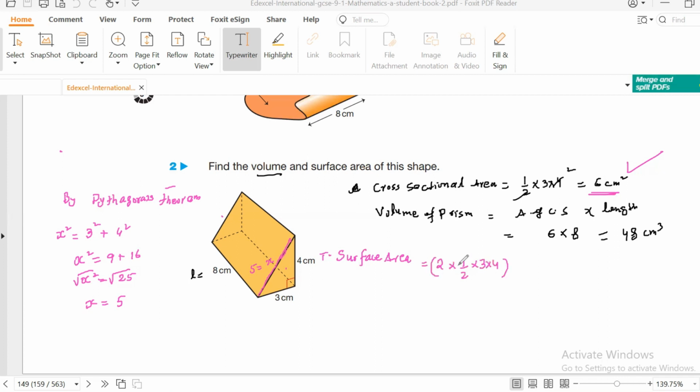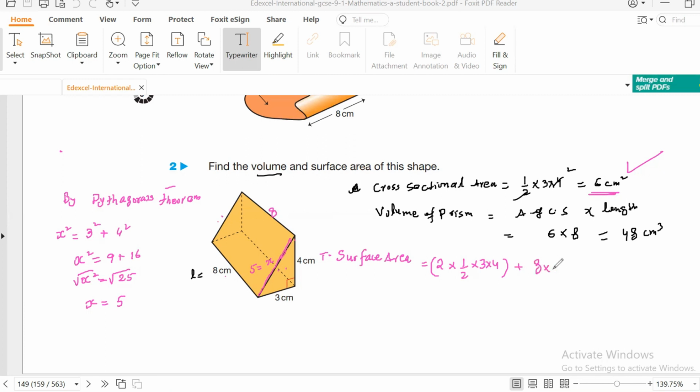This is two faces of triangles, then plus one face is 8 multiplied by 5. The other one, the height is 4 and this side is 8, so 8 into 4, and the down part we have 3 into 8. All are rectangles.